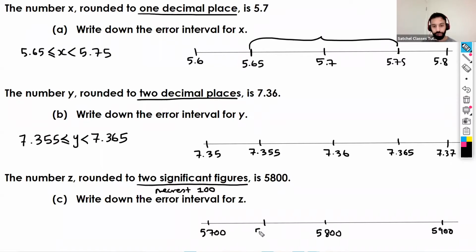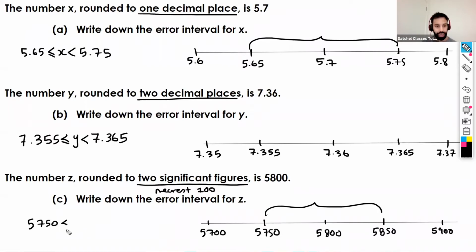My lower bound is going to be 5,750, because anything between 5,750 and 5,800 would round to 5,800, and my upper bound would be 5,850.